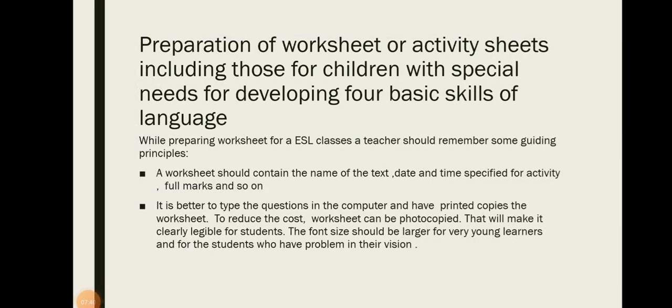Yes. This is now about the preparation of worksheets or activity sheets, including those for children with special needs, for developing 4 basic skills of language. So guys, you can understand this is for those children who have special needs, meaning the exceptional children.